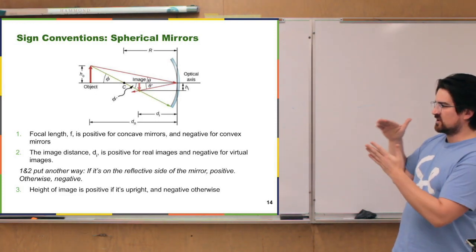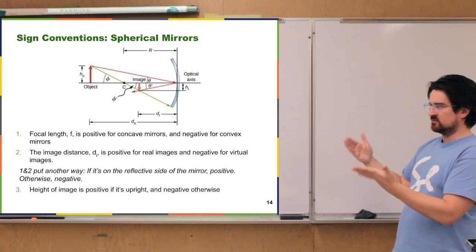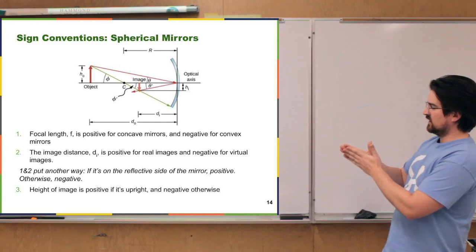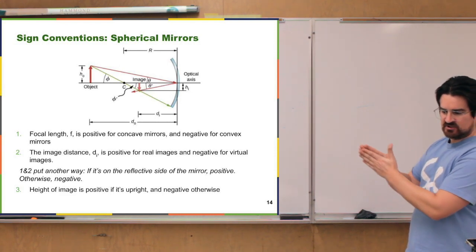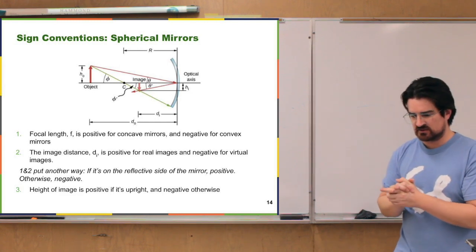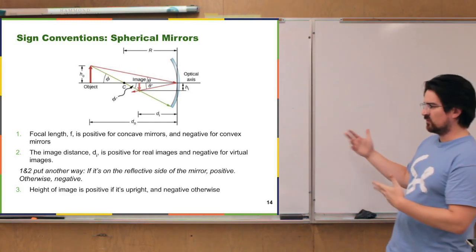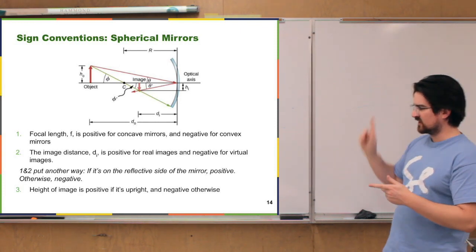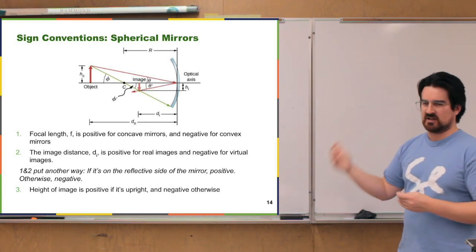So if light rays actually converge to a point to form the image, we call that a positive distance, wherever that distance is. And if the light rays don't actually converge, they're projected, it's a virtual image, then negative distance. Another way to put both of those two things together is essentially to say if something's on the reflective side of the mirror, it's positive.